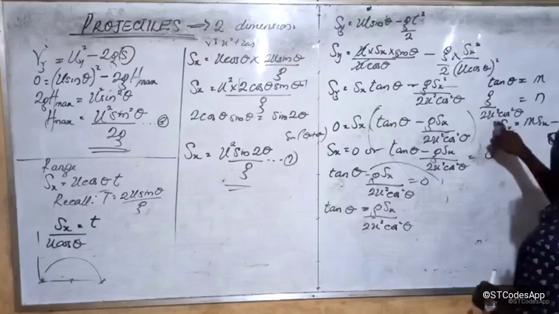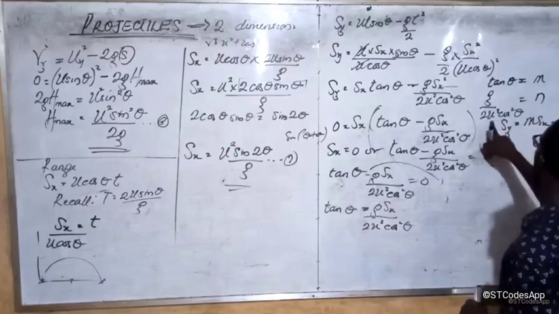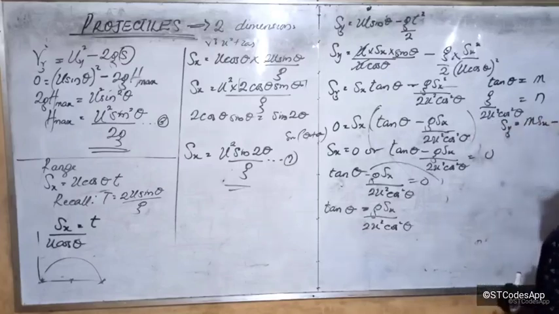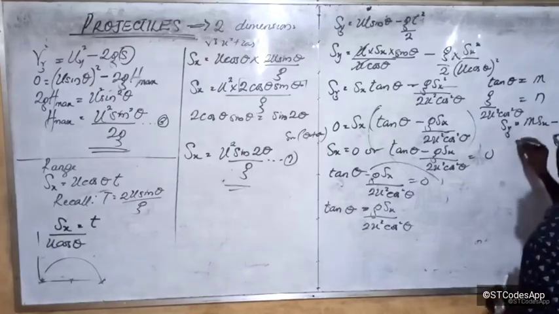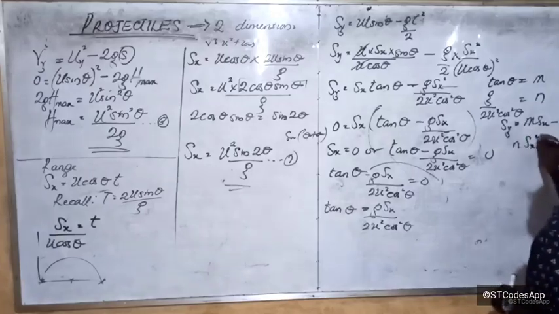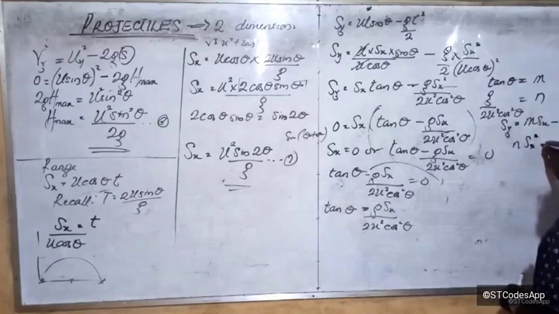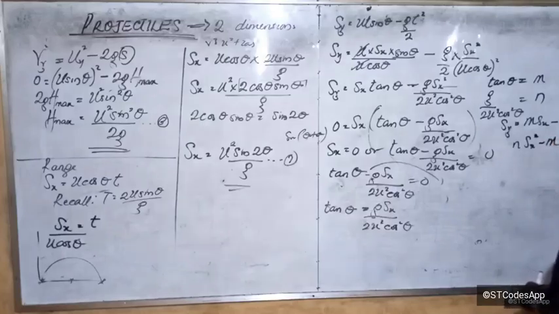minus n S of x squared. If we arrange this correctly, this becomes n S of x squared minus m S of x plus S of y equal to 0.